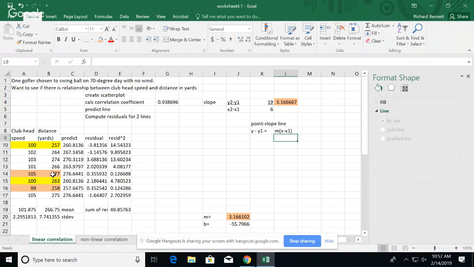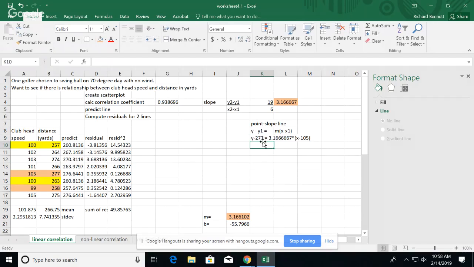Okay? So here's what we're going to do. We're going to pick one of these points. Do you want to pick the one I highlighted there? Is that a good one? So I could say that y minus 277 equals 3.166667 times x minus 105. Do you remember doing that, Lindsay? Vaguely.